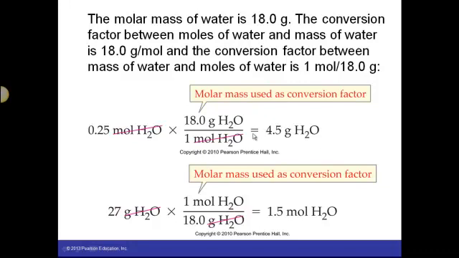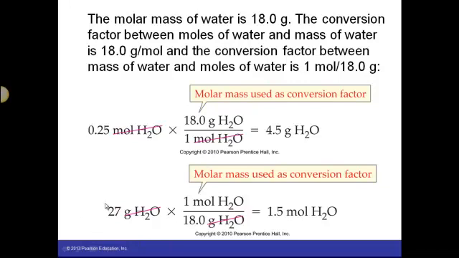Also maintaining significant figures, we've got 2 significant figures here. Multiplication dictates that we need 2 significant figures in the answer. Since our conversion factor again is a defined unit, we don't need to worry about significant figures in the conversion factor, only in the number that we've actually measured in the lab.